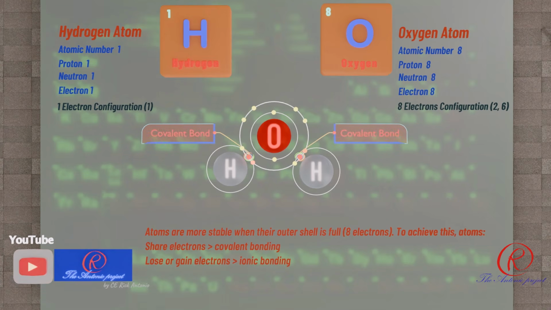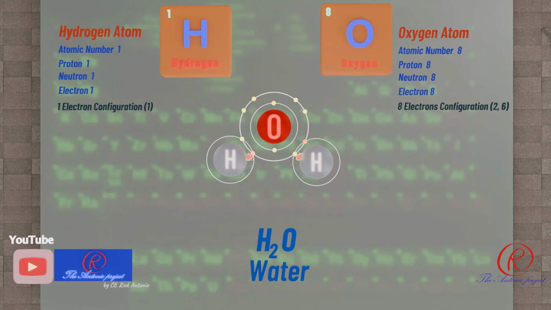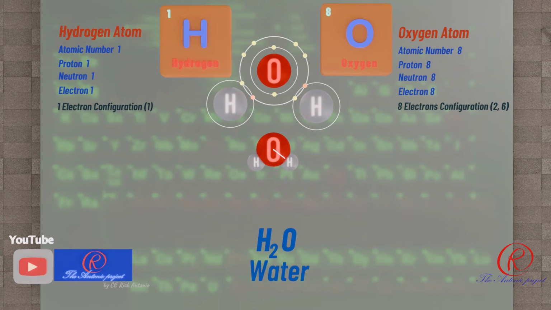The oxygen atom attracts the shared electrons of the covalent bonds to a significantly greater extent than the hydrogen atoms. As a result, the oxygen atom acquires a partial negative charge, while the hydrogen atoms each acquire a partial positive charge. The molecule adopts a bent structure because of the two lone pairs of electrons on the oxygen atom.